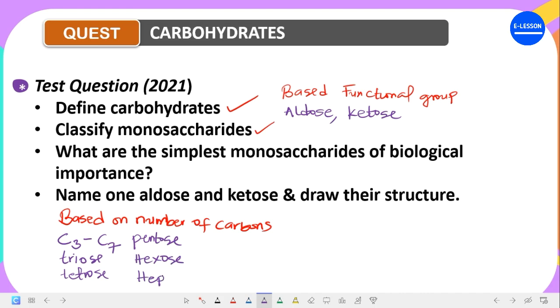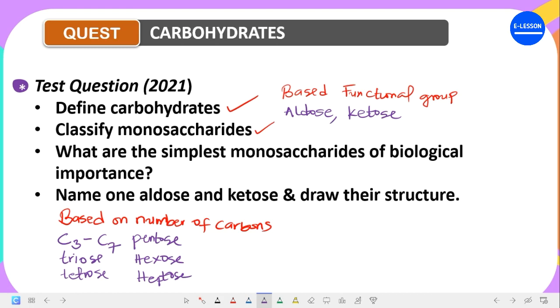Heptose. So based on the number of carbons, they are classified as trioses, tetroses, pentoses, hexoses, and heptoses. Don't go and write carbon 3 to 7. You can write carbon 3 triose, carbon 4 tetrose, carbon 5 pentose, carbon 6 hexose, and carbon 7 what? Heptose.